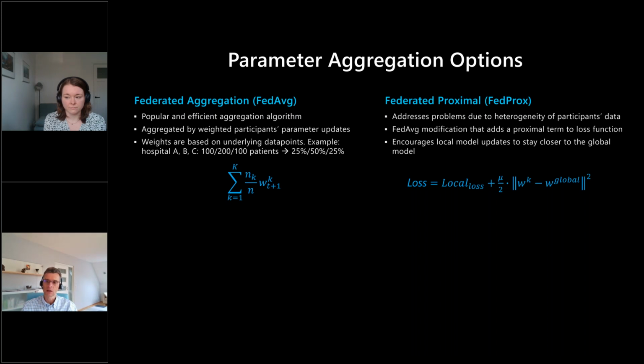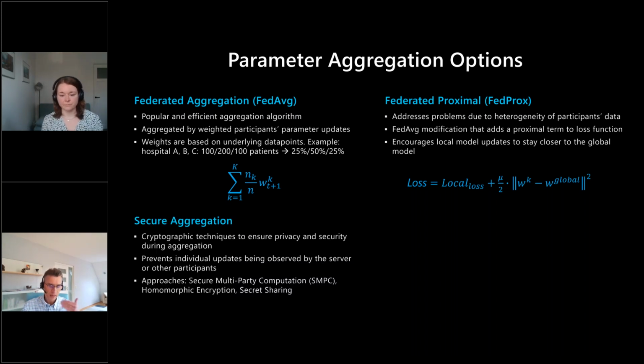As you can see here, the overall loss is a combination of the local loss, which you have in normal training, plus a second term. The more the local weights diverge from the global model, the higher this regularization term, to encourage the model to stay as close to the global model as possible.